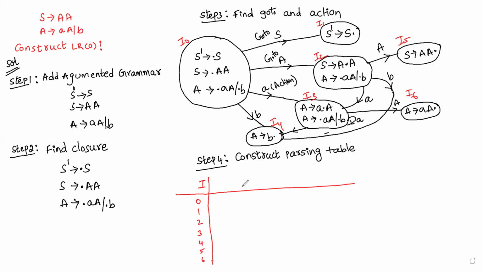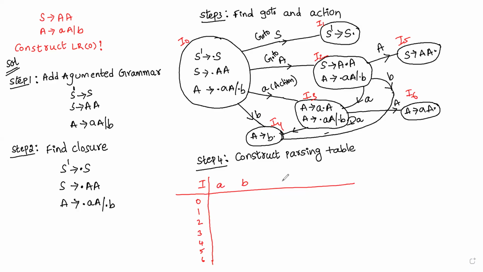When you see this capital I, the values 0 to 6 are there. Now what are the small letters? In the given problem, the small letters are small a and small b. The capital letters are capital A and capital B. One of the most important points: these small letters are called action moves.